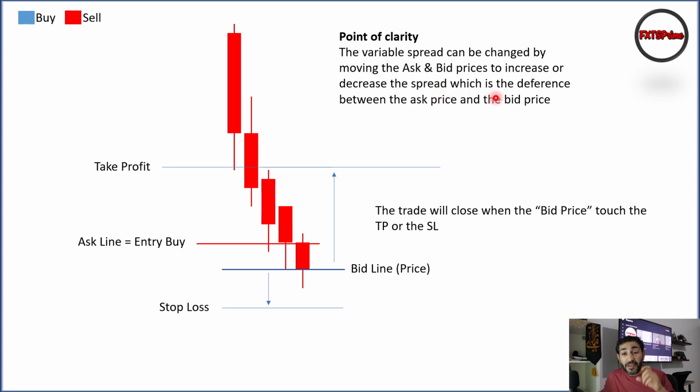The difference between the ask and the bid prices is the spread. So the spread can be increased and decreased, and this is something positive and negative. It is more positive if you are a scalper, because during high volatility the spread will be less, and during the time where there is no trade, the spread will be high.